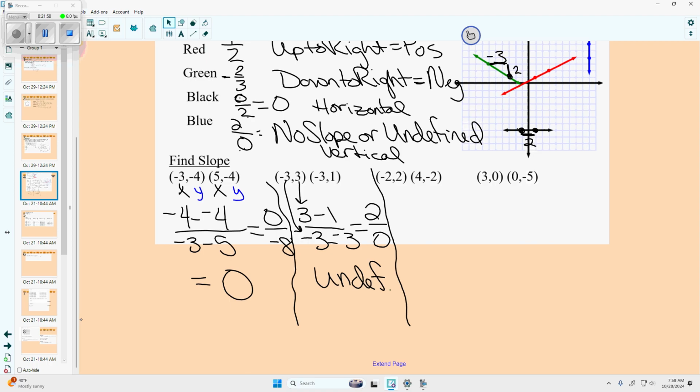Always leave slopes in fraction form because the next step we're going to do is use it for graphing, which is more useful as a fraction.